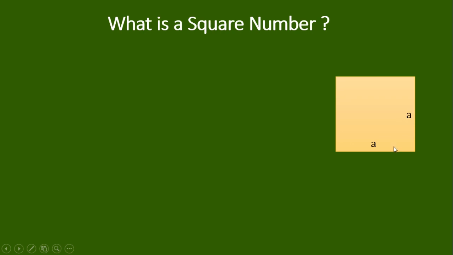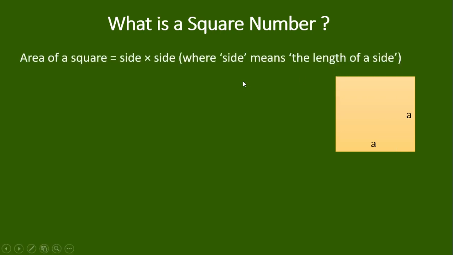Now if I want to find out the area of this square, what will be the area? We know that the area of a square is equal to side into side. Okay, so what is side? Side means the length of the side. Now in our case the side is equal to A, so area is equal to A multiplied by A, which is equal to A square.